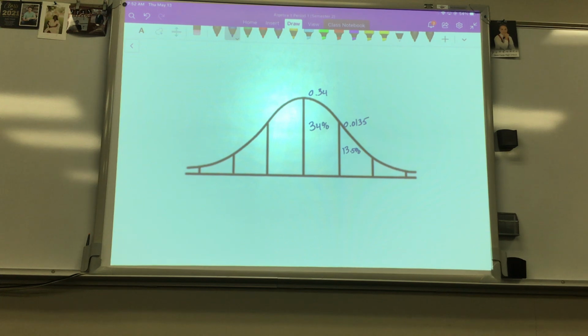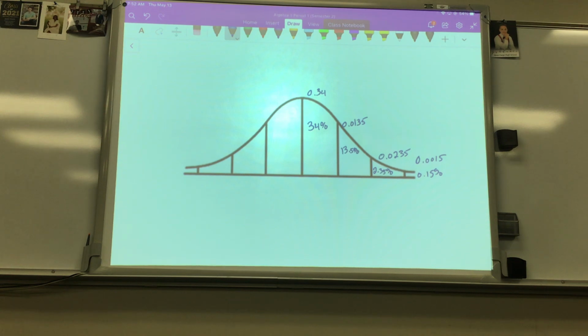You remember what the next one was? 0.0015. It's the last one. So that's 0.15%. What was that other one? 2.35%, or 0.0235 if we think of it as a decimal.